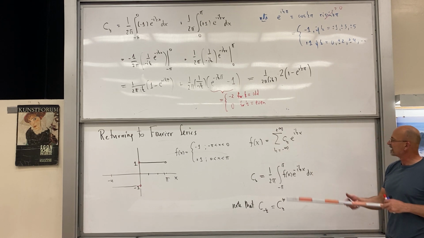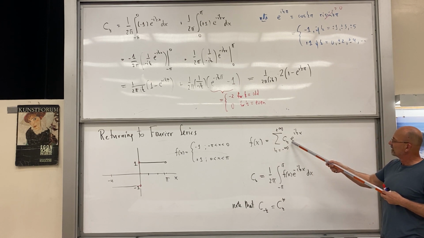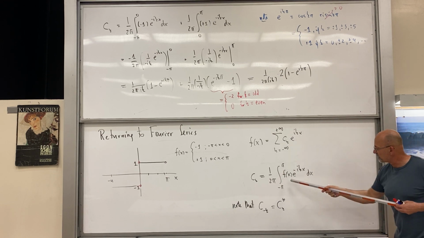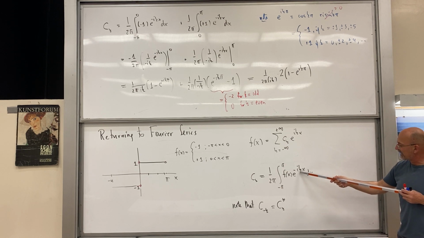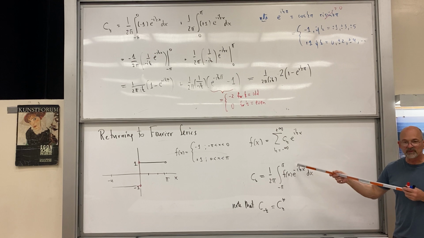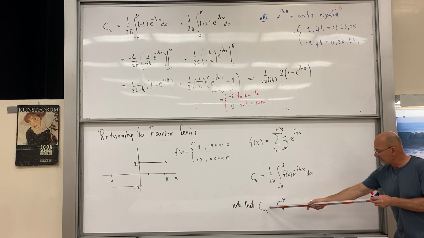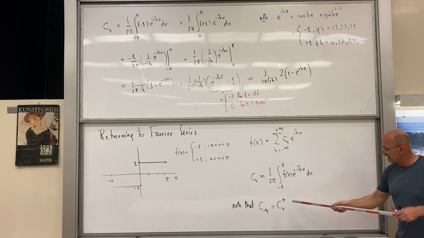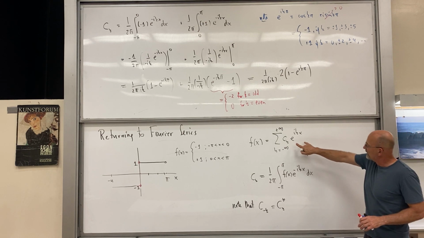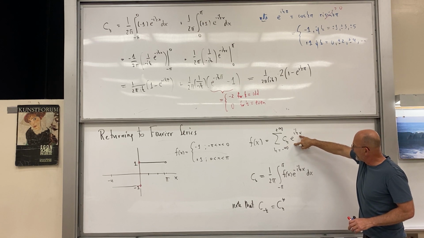Because if I plug in minus k here, this is like replacing i with minus i, which is what turns this thing into its complex conjugate. So C sub negative k is C sub k star, so that these things actually appear pairwise.